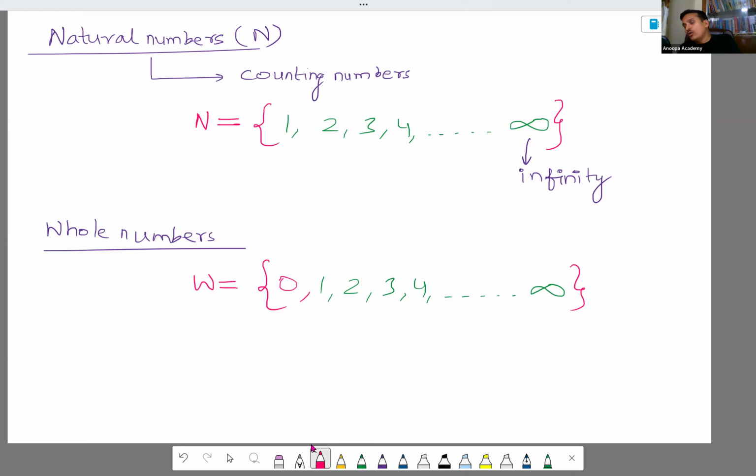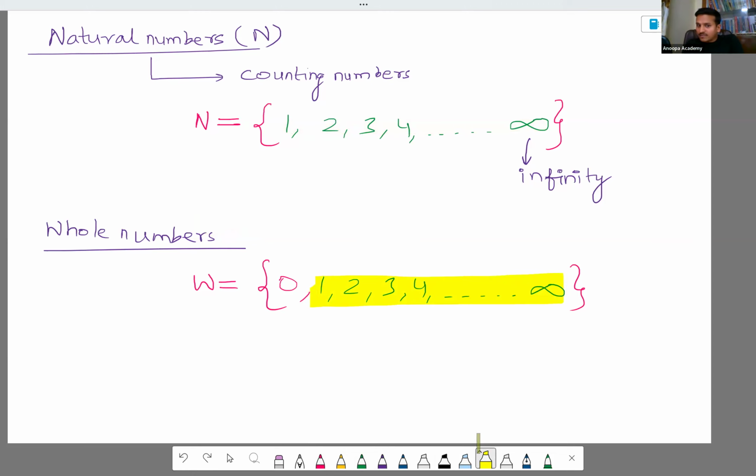One more thing to remember: all the natural numbers are whole numbers, but vice versa is not true. I repeat, all the natural numbers are whole numbers. 1, 2, 3, 4 are natural numbers, and they also belong to whole numbers.